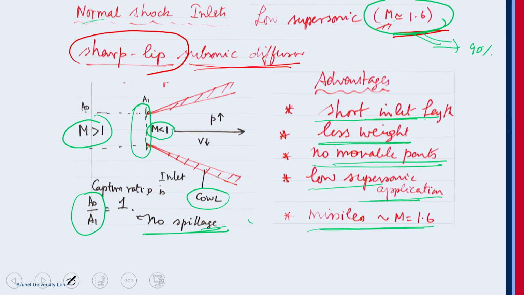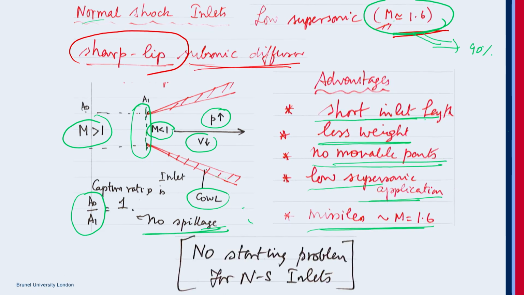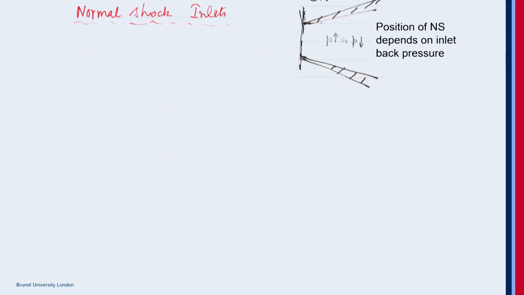The flow entering in, the pressure increases and the velocity decreases. We have no starting problem because there is no throat. We will have a starting problem only when there is a throat. Throat is occurring at the middle, but here the inlet itself is a throat. Okay, so we don't have a throat, so there are no starting problems.